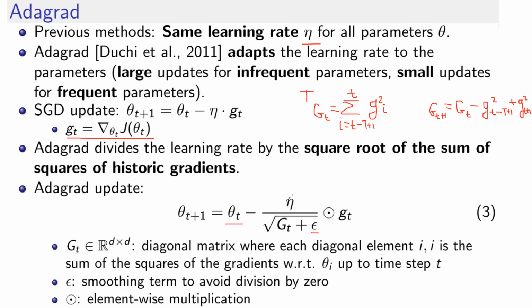Okay, so now we divide eta by the square root of this. G_t is a vector, so how do we do this? Well, it's simple. We take our vector g_1t, g_2t, etc., g_nt. We add epsilon to all of them. Then we take the square root of each of the components.